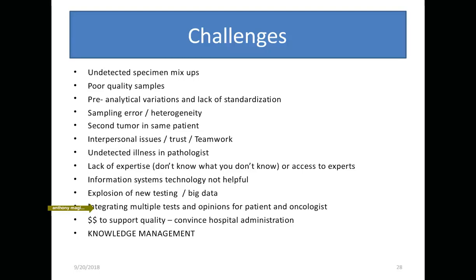Our oncology colleagues often need help from pathology in selecting tests and integrating the results, because sometimes you will get different opinions from the same specimen. So a patient may have sent their specimen to 2 or 3 different external reviews, and now there's 2 or 3 differing opinions.